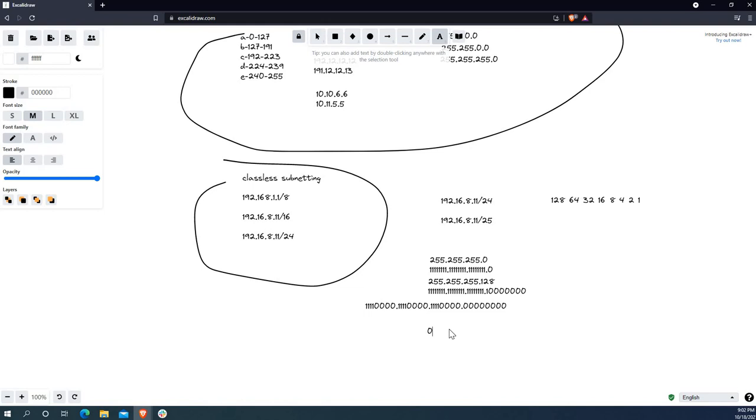So when you usually had 0 to 255, you have 0 to 127 now. And then when you have 0 to 127, the rest of it, you split it in half, it will be 128 to 255. So your network will actually be split into two now.